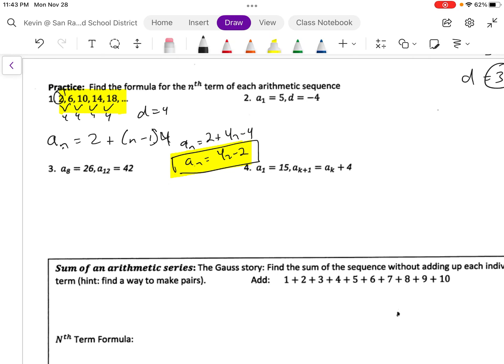Okay, come over here. We have a sub 1, we have the first term, and we know what our common difference is.